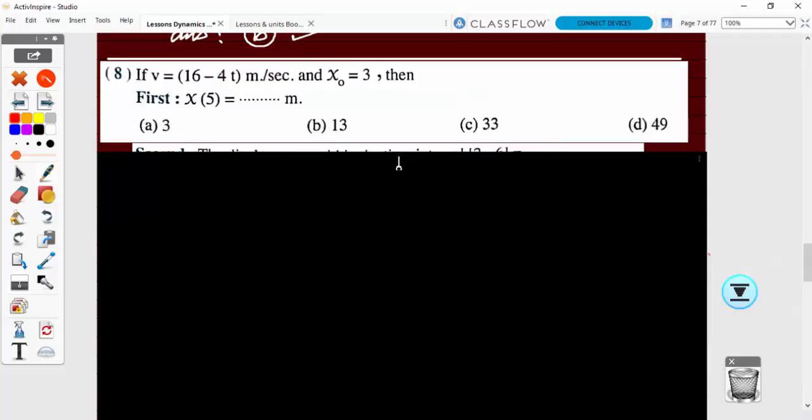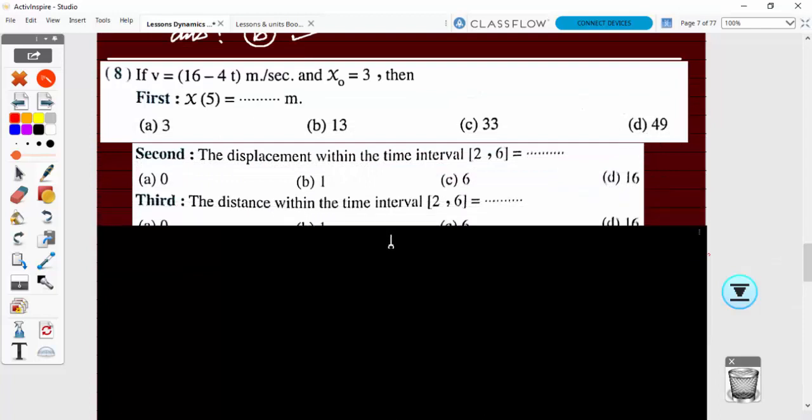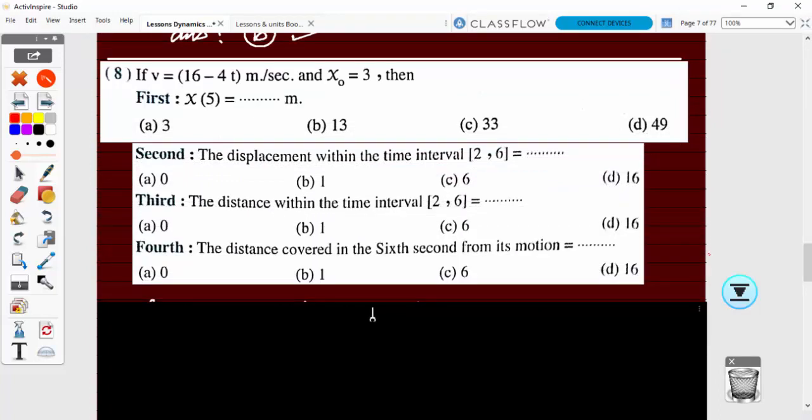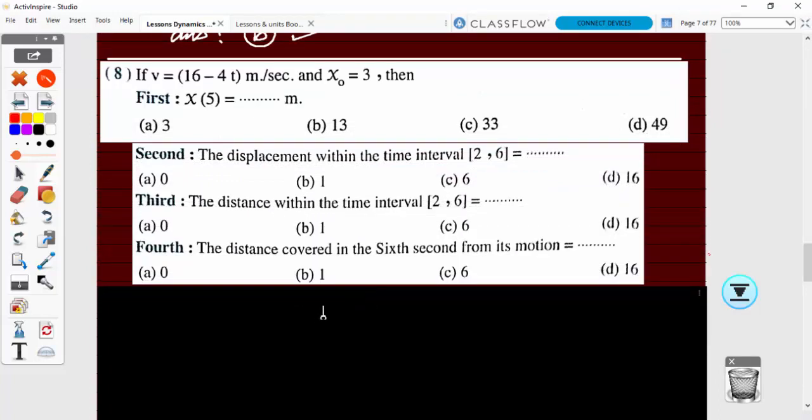Question number 8. Here we have 4 requirements. If v equals 16 minus 40 meter per second and x naught equals 3, then x of 5 equals how many meters? 3 or 13 or 33 or 49?